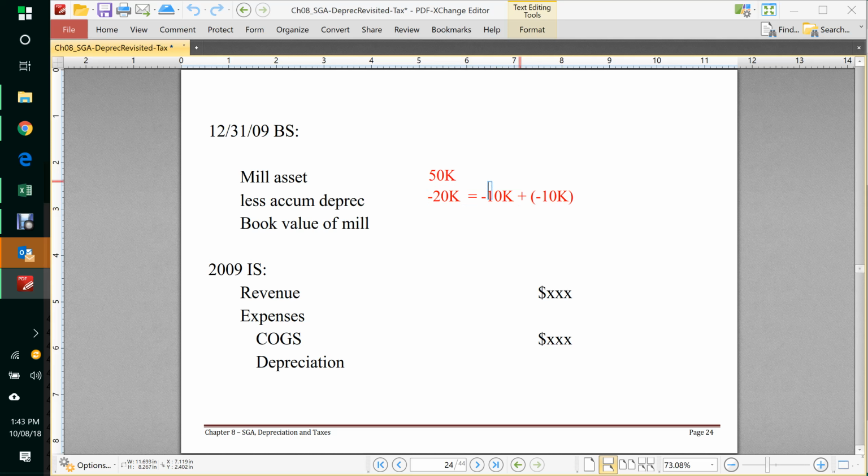So this would be for 2008, and this would be for 2009. And so the book value of the mill is now 50 minus 20, which is 30. I think we are looking pretty good. And if we wanted to make things look nice, we would underline that.